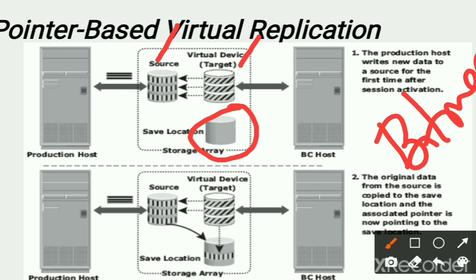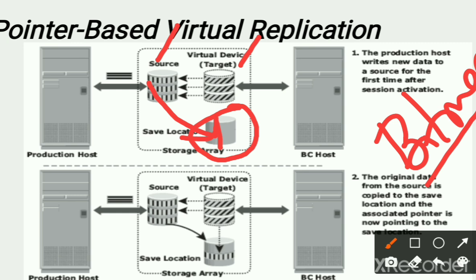We are not copying the complete data, but in this target we are going to have the pointers containing the bitmap pointing to that particular data. Now where is the original data that is to be copied? That data is moved from the source to the save location. By this, it reduces the data over the target.